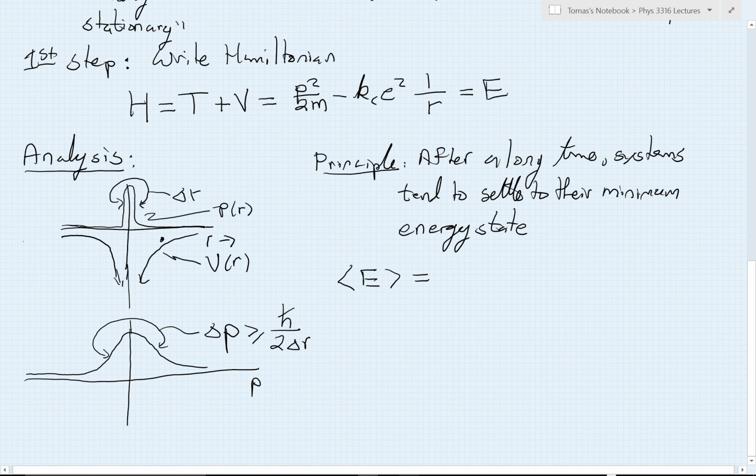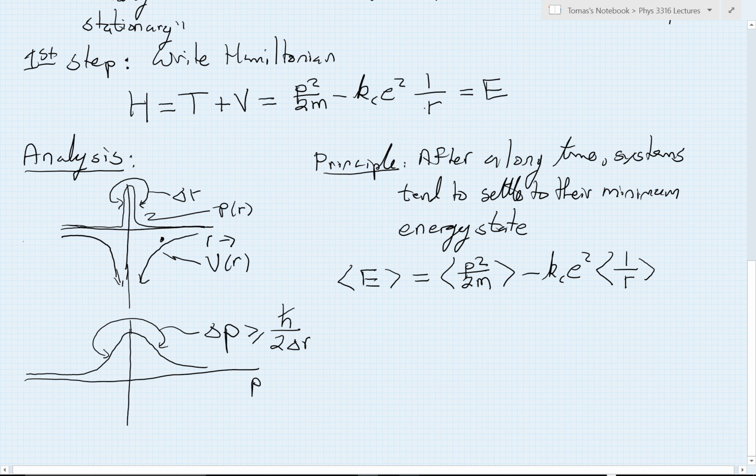And we know, even if our variables are highly correlated, the average of a sum is always the sum of the averages. So I have to write down the sum of the average of these two terms. So there's p squared over 2m. That's the kinetic energy term. And then there's minus Coulomb's constant times E squared times the average of 1 over R, where I've used the fact that the average of a constant times a variable is just the constant times the average of the variable.